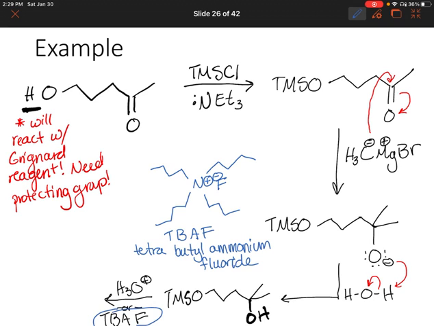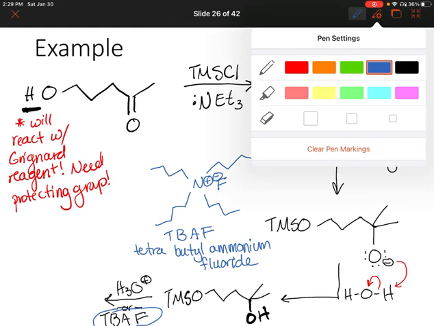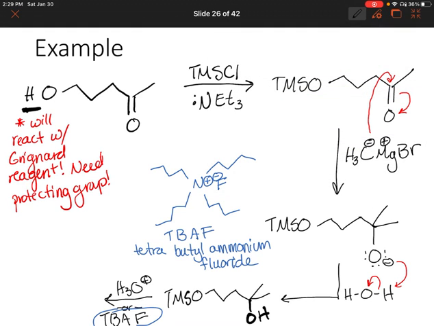And I'll just circle the TBAF in blue down there. But this is going to remove the protecting group and add a hydrogen back on to that oxygen. So then we end up with our final product. So again, we took off this acidic hydrogen and replaced it with a protecting group.